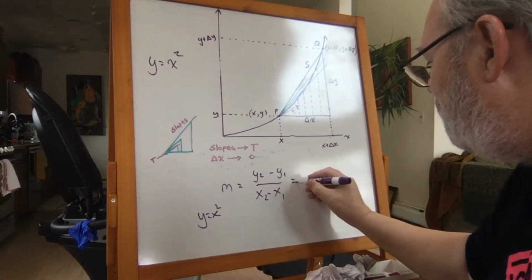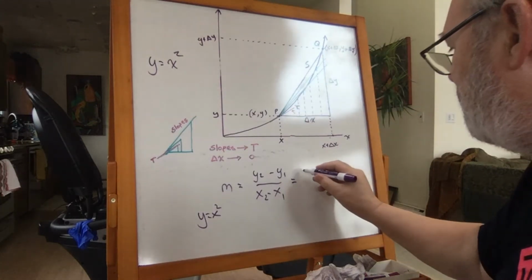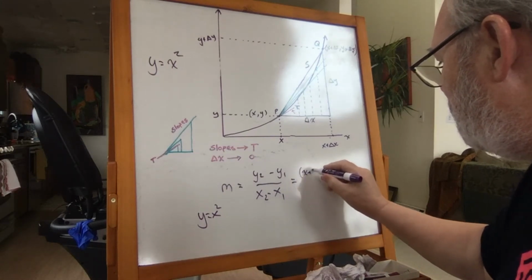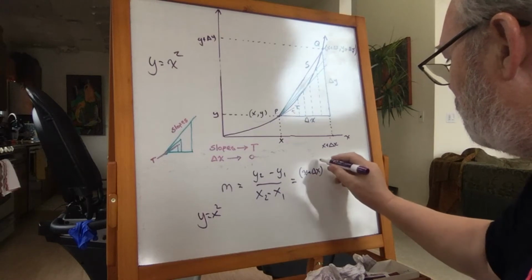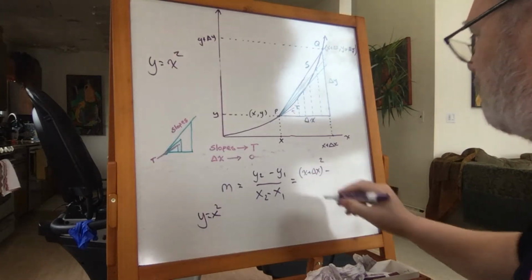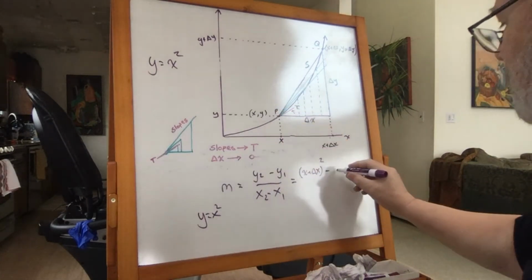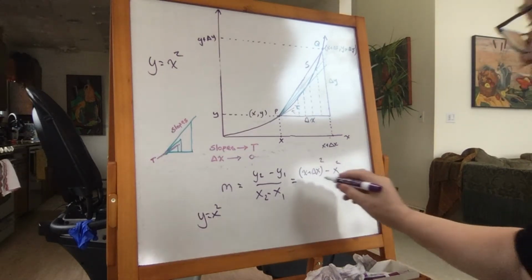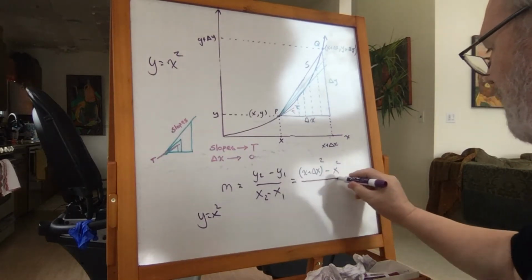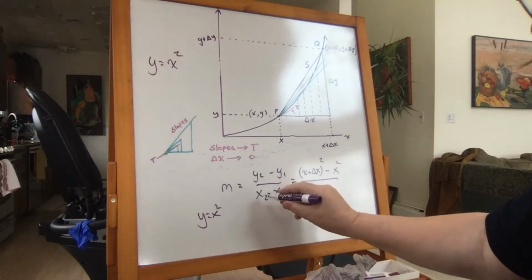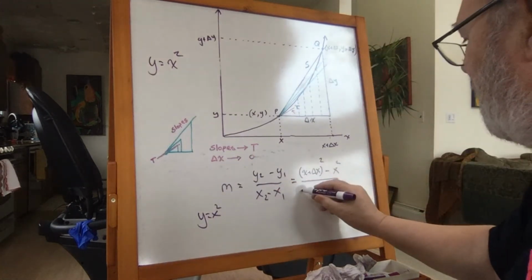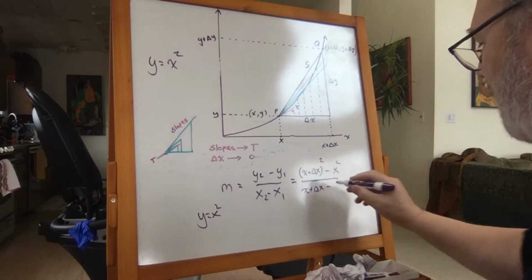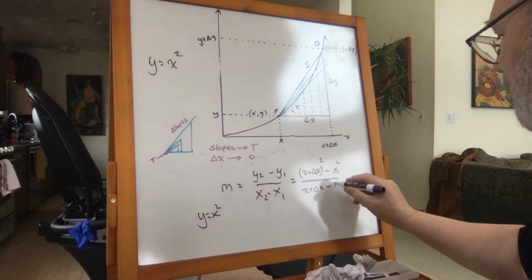So y2 is equal to x plus delta x squared, minus y1, which is x squared. And then down here, substituting x2, that's x plus delta x minus x.